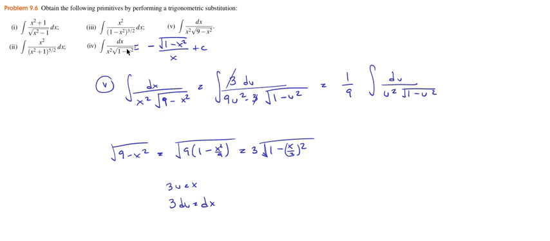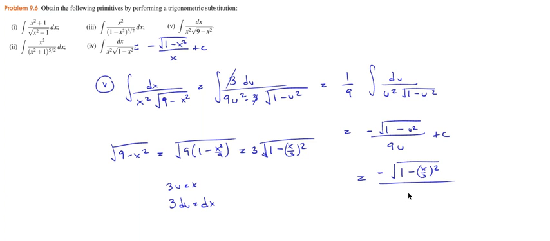But this is the same as this, so this is equal to minus the square root of 1 minus u squared divided by 9u plus c, and we just need to undo the change of variables. So this is 1 minus x over 3 squared divided by 3u.